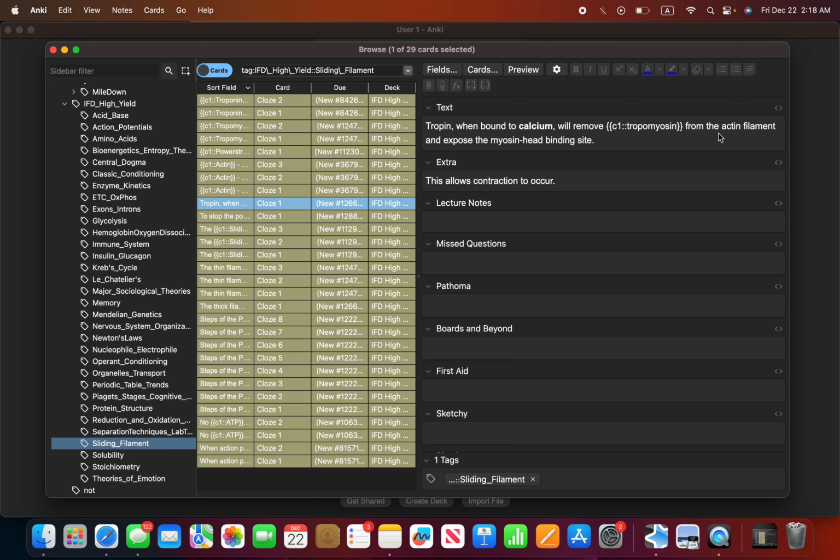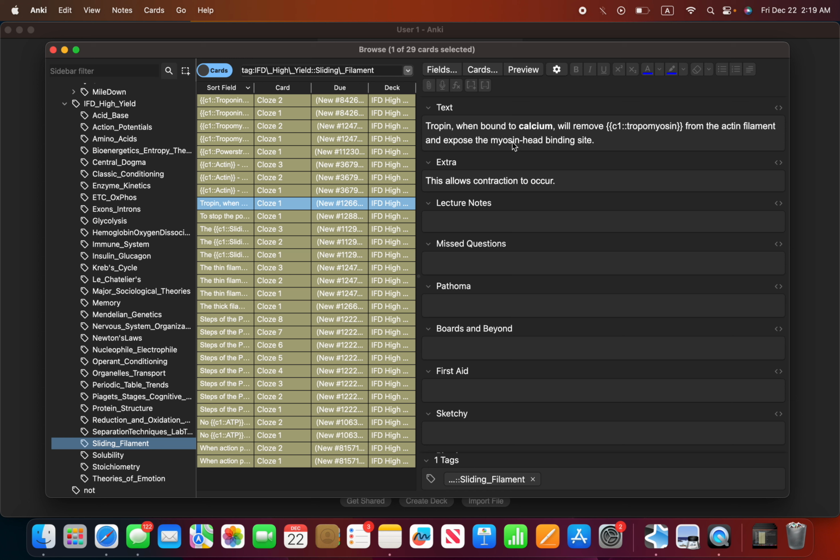So we should not get confused with the different binding sites here. There is one troponin that is bound or unbound to the calcium. When it is bound to the calcium, it will remove tropomyosin from the actin filament.